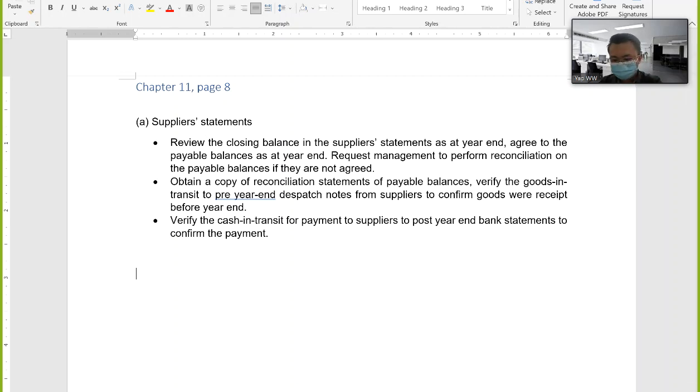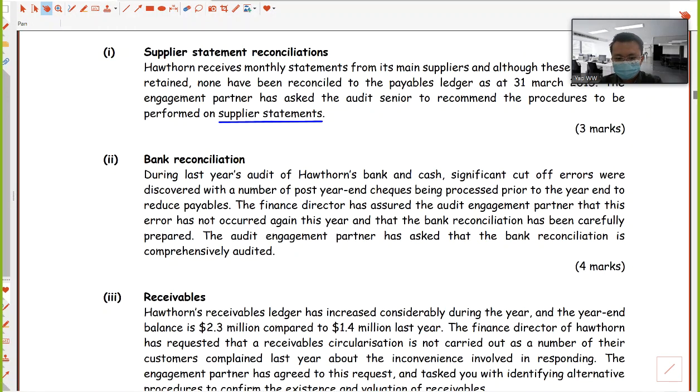Number 2, part B, bank reconciliation, 4 marks requirement. During last year audit, significant cut-off errors were discovered with a number of post-year-end checks being processed prior to the year-end to reduce payable. This is possible. Like credit bank, debit payables for the payment.